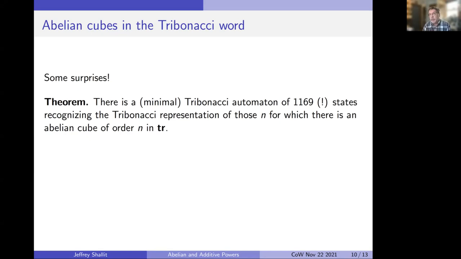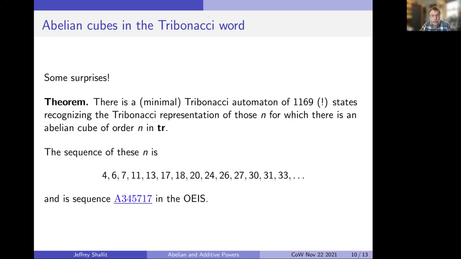And this is minimal. You can't do better than this. It surprised me a little because I didn't expect it to be anywhere as large. Remember that for Fibonacci, it was like order k squared to recognize abelian k powers. And this is much larger than that. And this sequence of n, it's now in the OEIS, it begins like this, 4, 6, 7, and so forth.